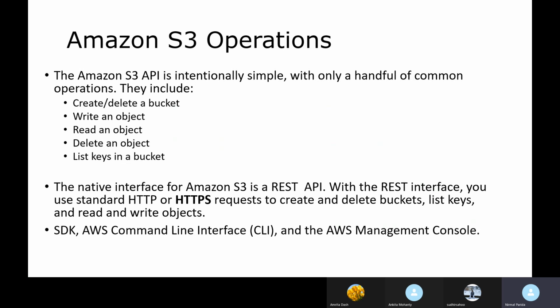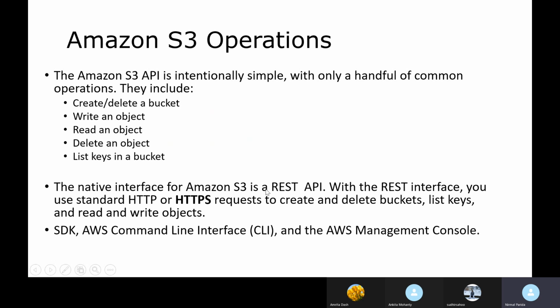So only these five operations. For the bucket side, we can create or delete, and on the object side we can write an object, read an object, and delete an object. Three operations, plus we can also list the keys, all the objects inside the bucket, right?